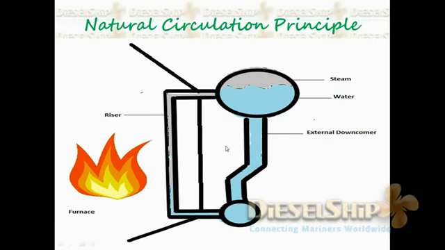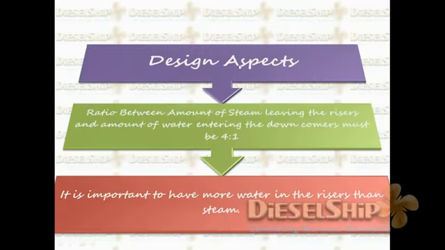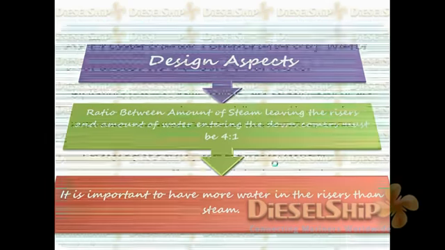The ratio between the amount of steam leaving the riser and the amount of water entering this downcomer must be approximately 4:1, and at no point must the riser tube be without water or full of steam. It should always have water in it. If not, it will lead to burnout and finally rupture of tubes. So this is the design aspect.